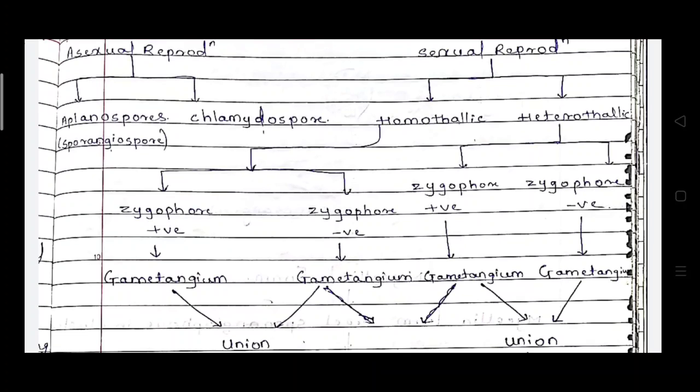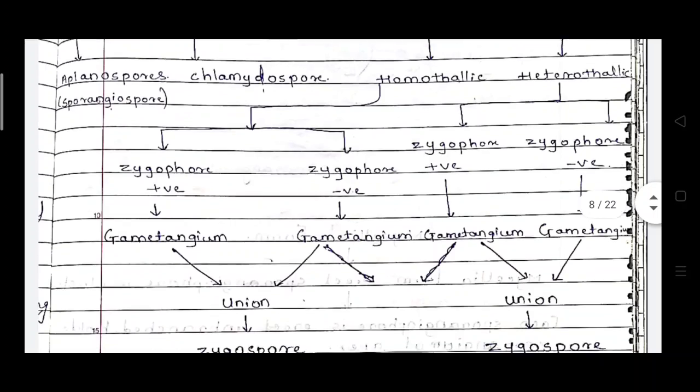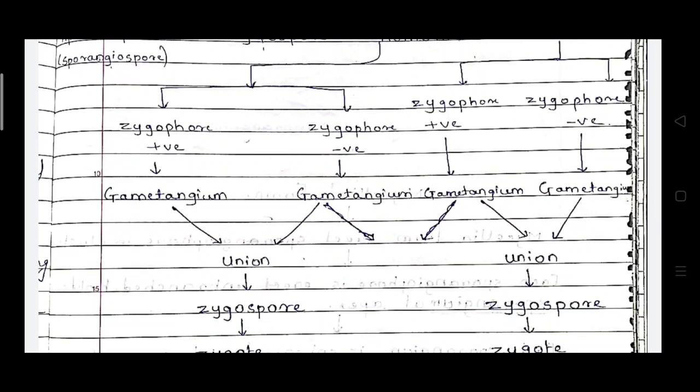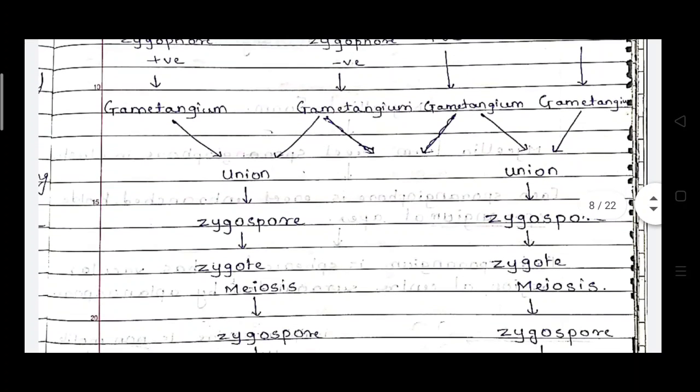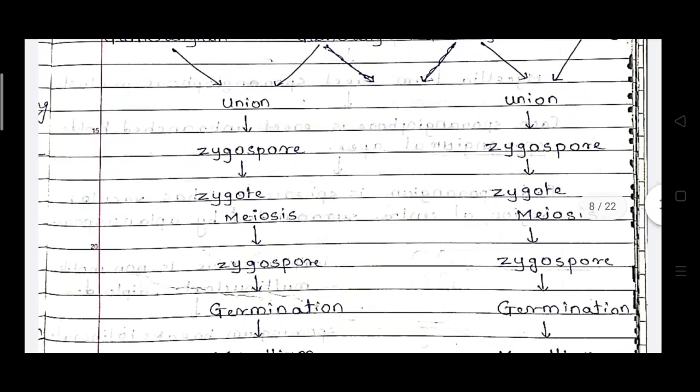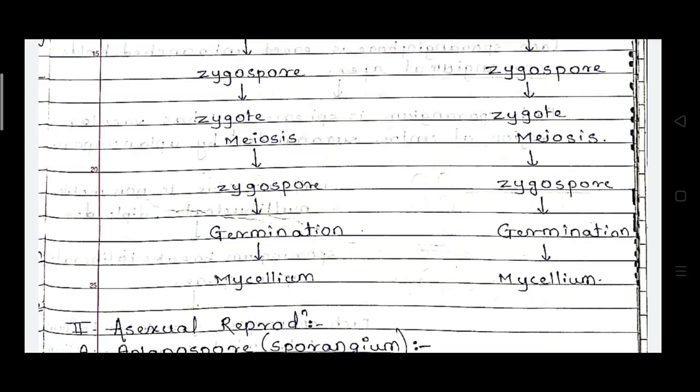In homothallic, positive as well as negative zygospores are present on the same thallus, and they develop gametangia. These gametangia unite and form the zygospore, and the zygospore forms the zygote. This zygote undergoes meiosis, and the zygospores germinate and mycelium is formed.